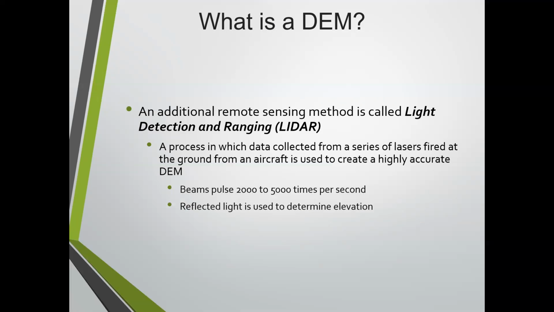So this is an active type of remote sensing, because it's actually pushing energy down to the ground and then it's bouncing back and coming back into the sensor. So that reflected light is used to determine elevation. And it's also connected to GPS and IMUs, inertial measurement units.